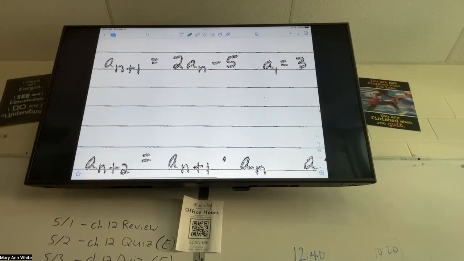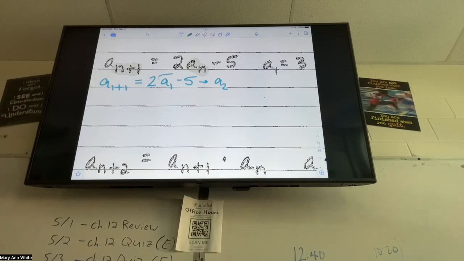This one says a sub n plus 1 equals 2 times a sub n minus 5. That means if I want to find the second term, I have to think of that as a sub 1 plus 1. I'm going to take n is going to be 1 because I can do 2 times a sub 1 minus 5. That's going to give me a sub 2, my second term.